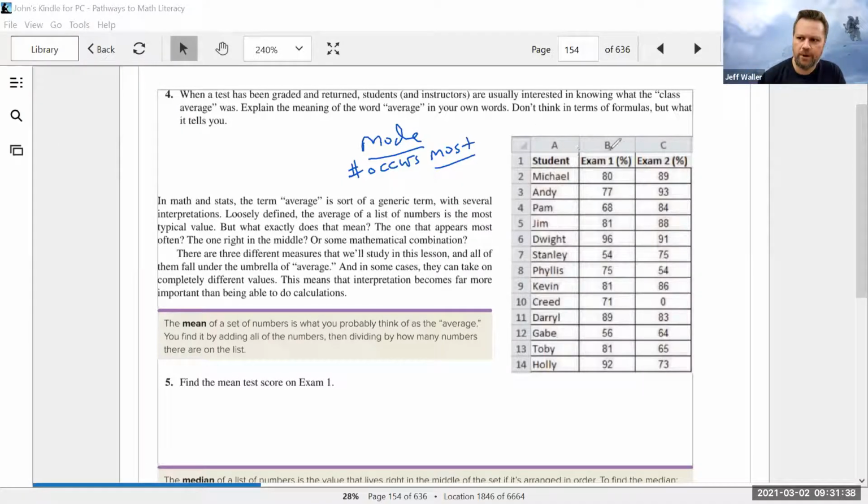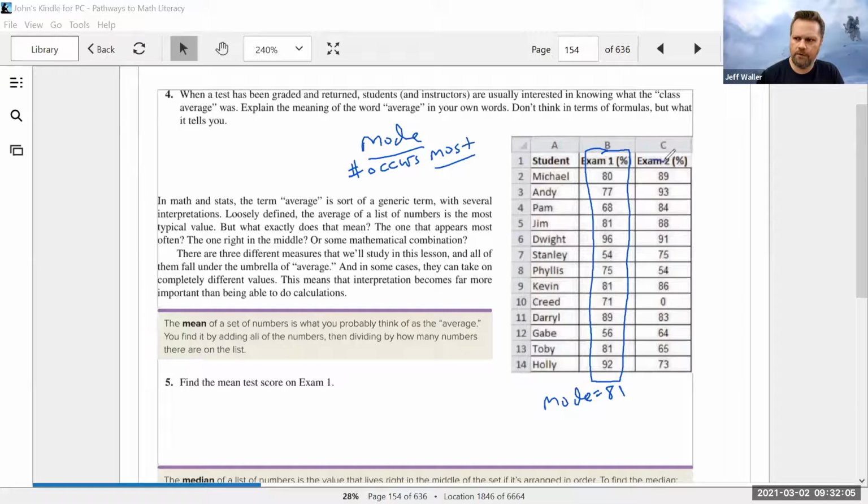So is there a mode grade, a modal grade for the first exam? It would be easier if it was in order, but you can still see there's definitely a winner, right? Is it 81? Yeah, 81 occurs 3 times, right?